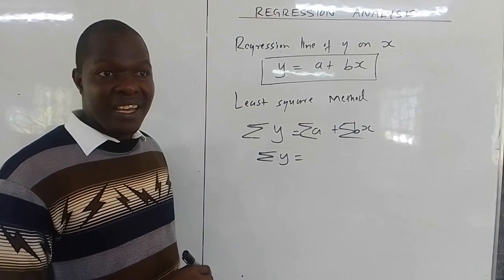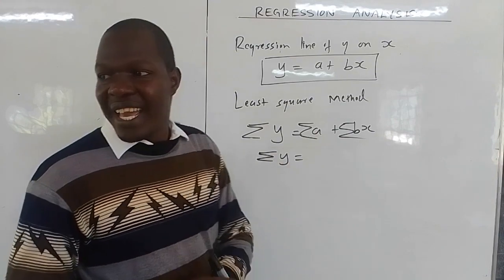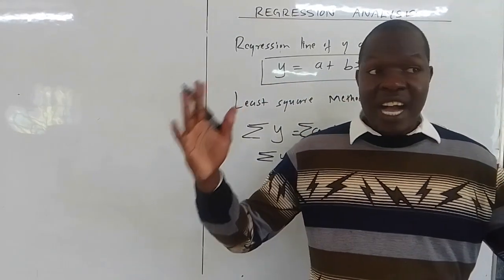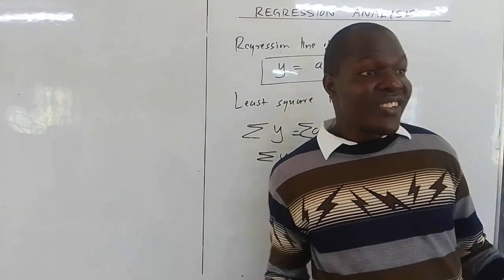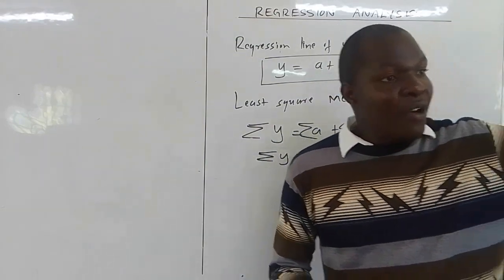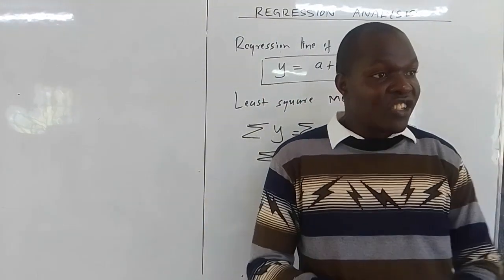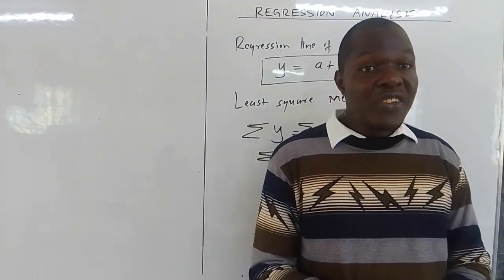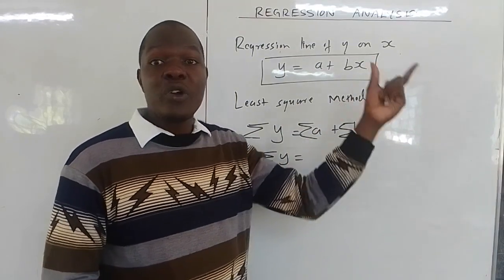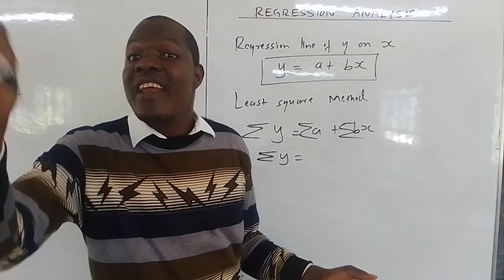Are we together? Then what is summation of a? Remember, when you are comparing the marks of students, maybe this is a class of 30 students. Each and every student has his own marks in physics and mathematics respectively, isn't it? So when you are going to sum all these a values, there are a number of students.